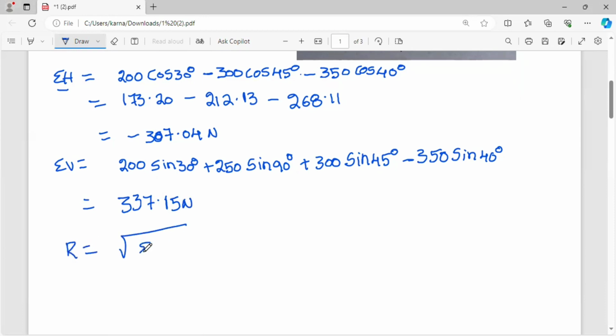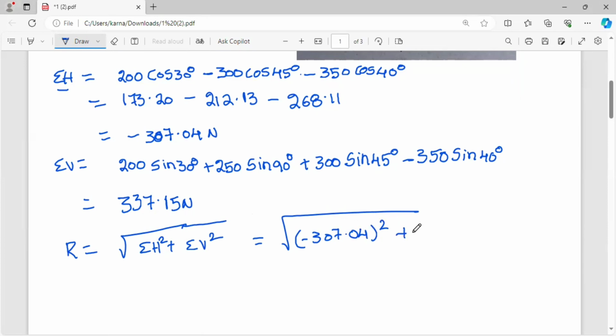Now, what is the magnitude of the resultant? R equals the square root of sigma h square plus sigma v square. Then you get the square root of minus 307.04 whole square plus 337.15 whole square. By the simplification, R equals how much?